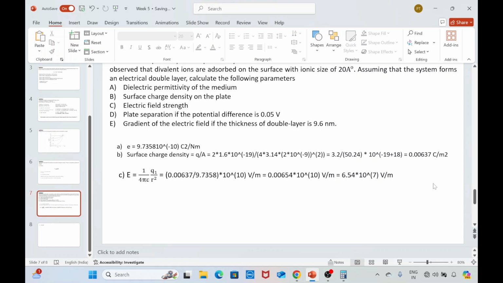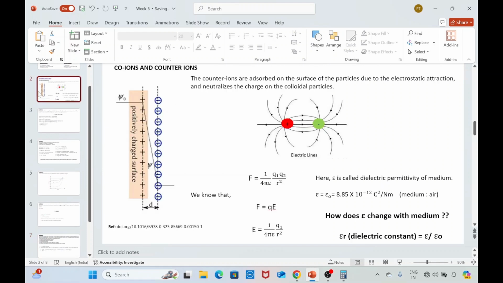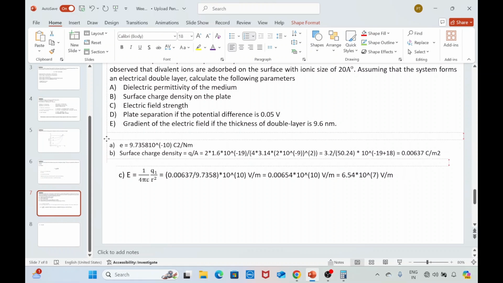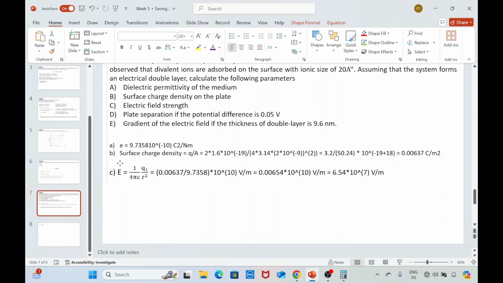That potential difference is represented by the term psi, which you can see here. So do you have any doubts related to the first 3 subdivisions that we have discussed right now? If not, we can progress to the last 2 subdivisions.